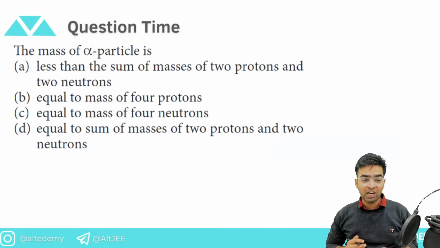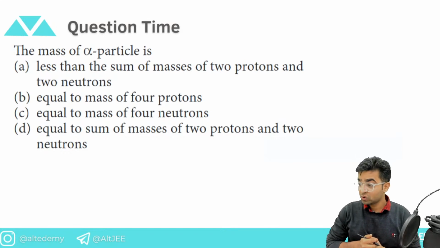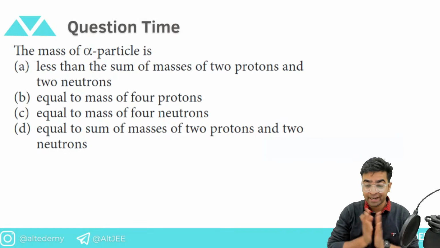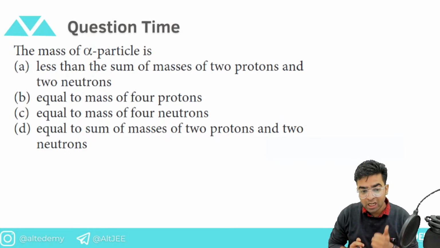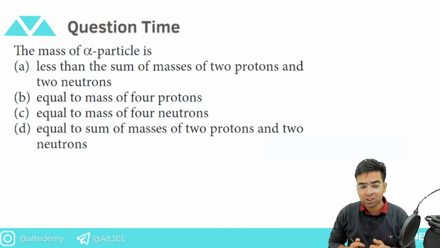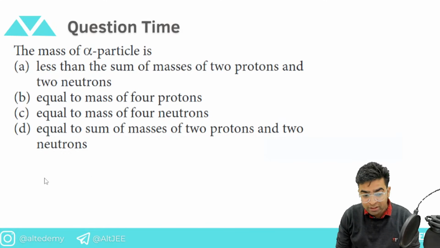The mass of an alpha particle is: option A, less than the sum of masses of 2 protons and 2 neutrons; equal to the mass of 4 protons; equal to the mass of 4 neutrons; or equal to the sum of masses of 2 protons and 2 neutrons. What is the alpha particle?